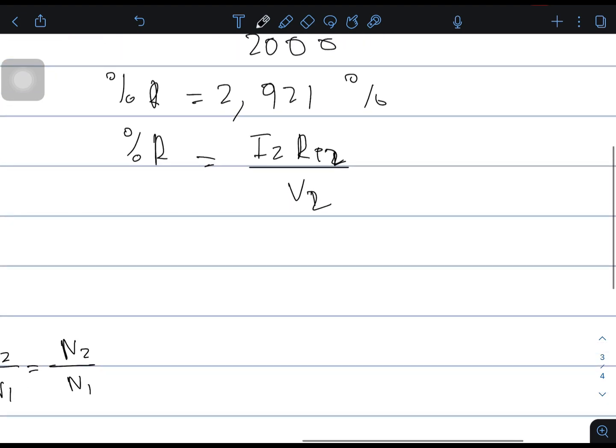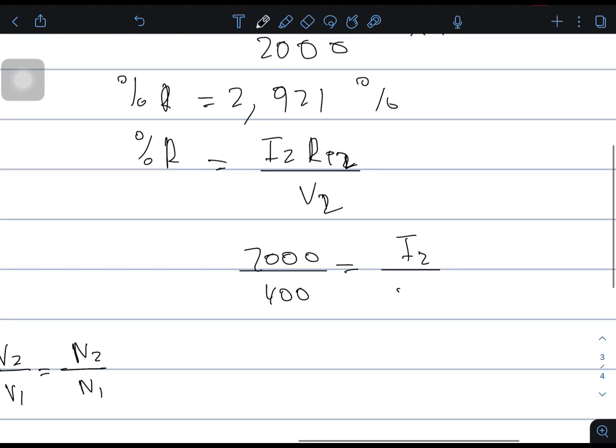So we first calculate I2. I2 is 2000 over 400 times I1, which is 28.5, and you will find the same percentage even though we are referring to the secondary side.